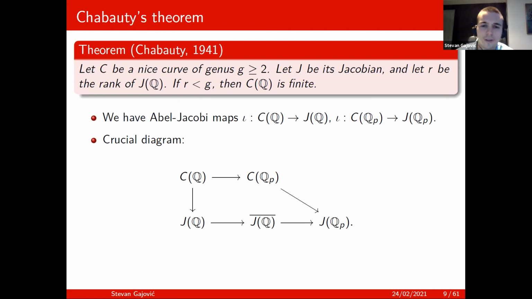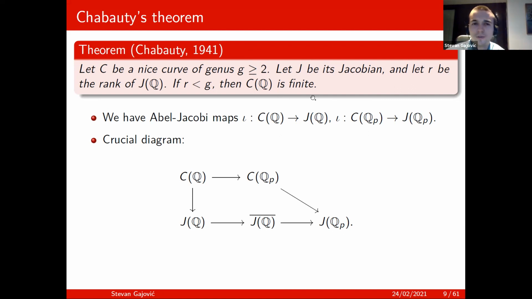But before that, note that Chabauty in the 40s proved that for a nice curve of genus at least 2 whose Jacobian has rank over Q less than its genus g, the set C(Q) is finite.